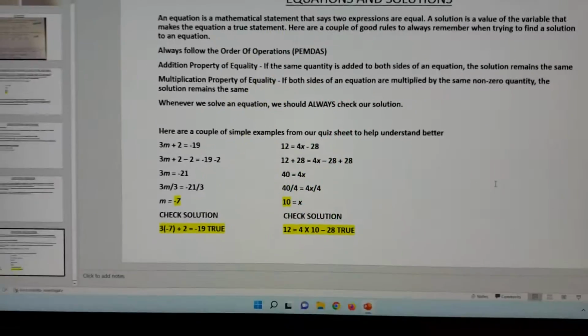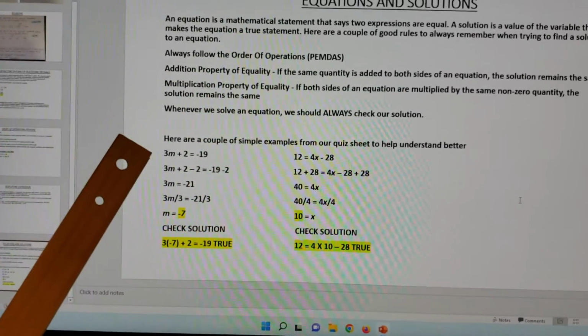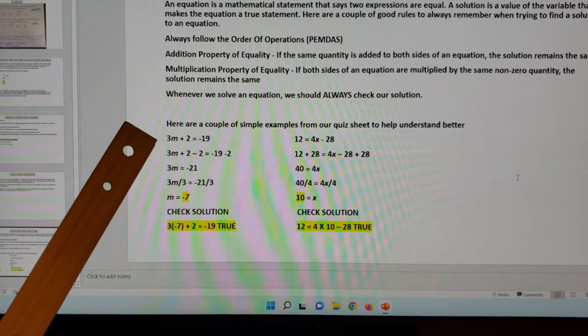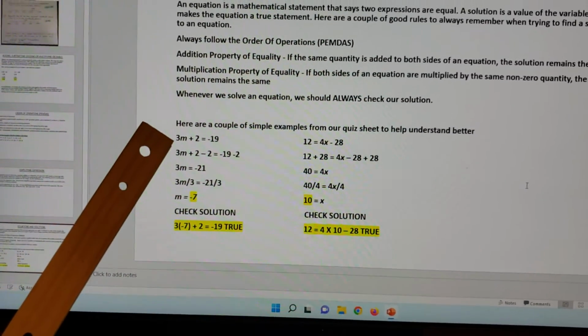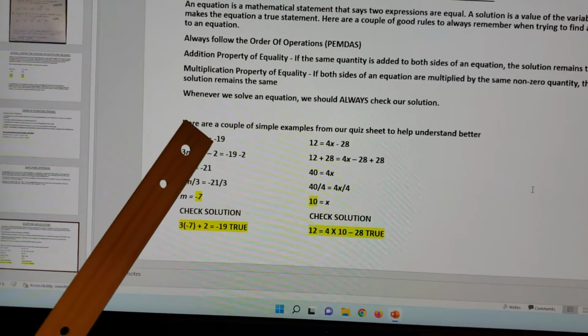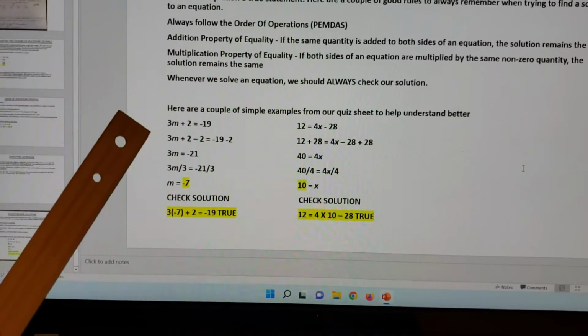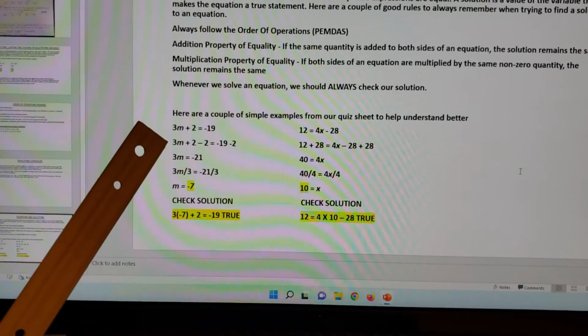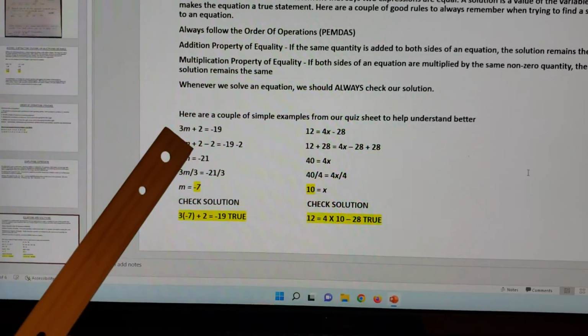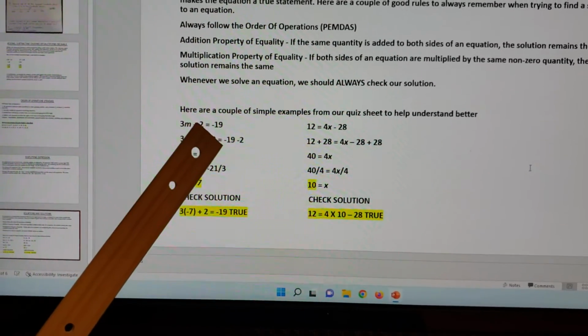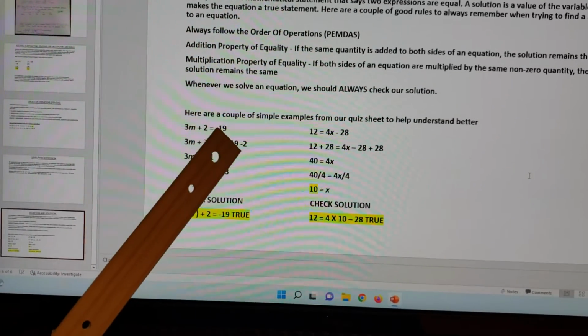So I'll just go through one of these. These are pretty simple problems. 3m plus 2 equals -19. So I can rewrite that problem as 3m plus 2 minus 2 equals -19 minus 2.